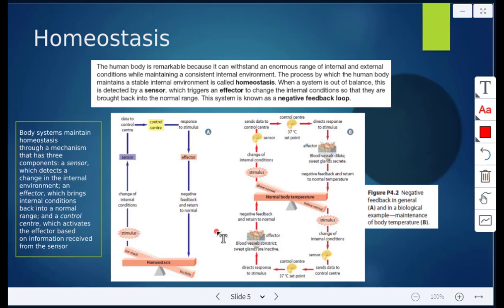Maybe it's cold outside, so the response, or the effector: blood vessels will constrict, sweat glands become inactive, and then the body will return back to normal. So here we can see normal body temperature is what we're trying to achieve.